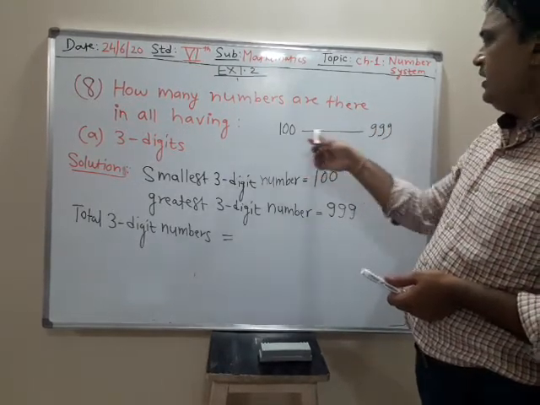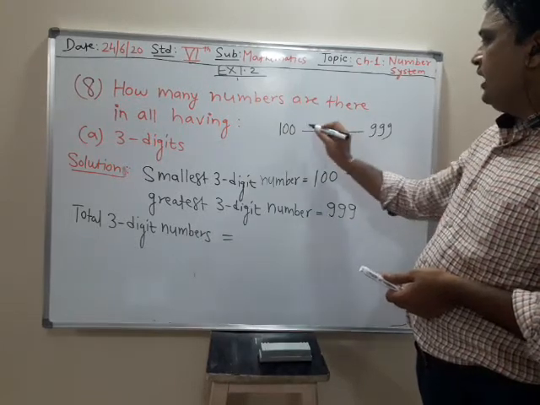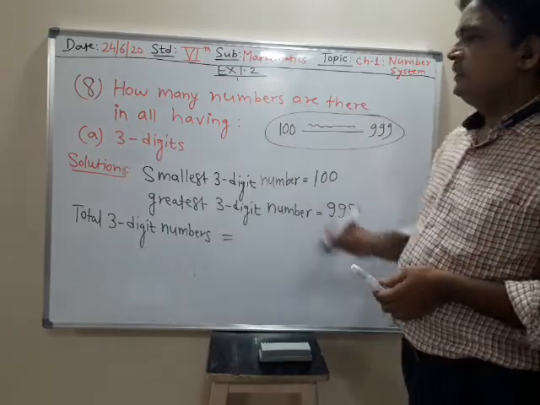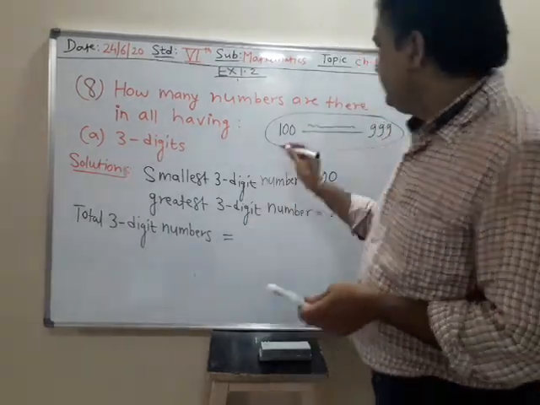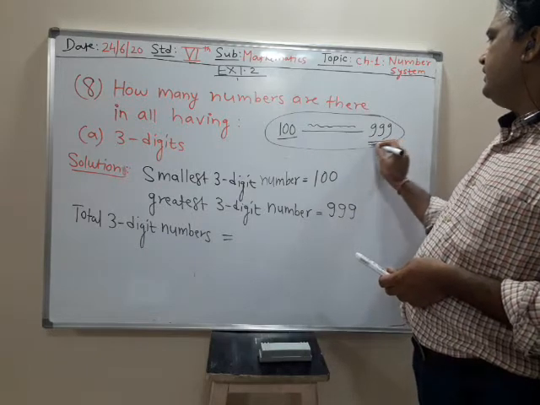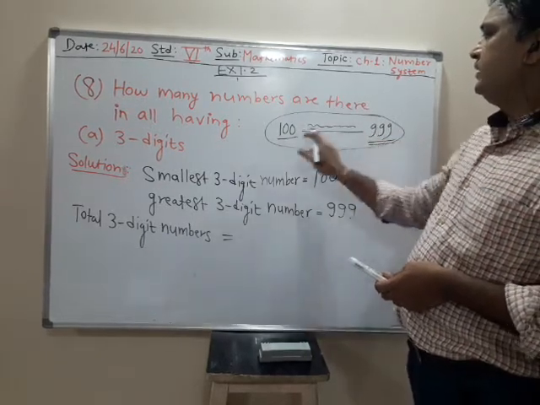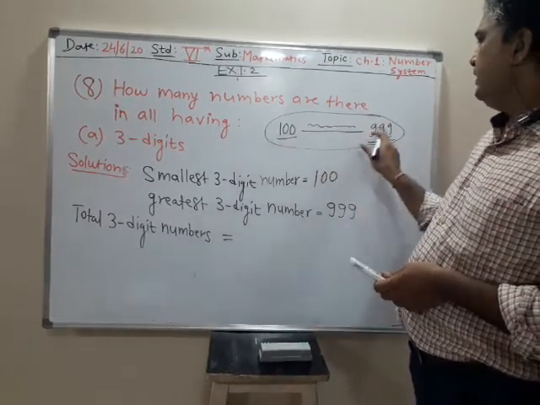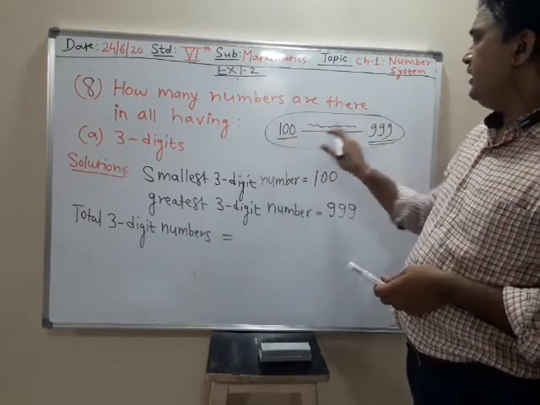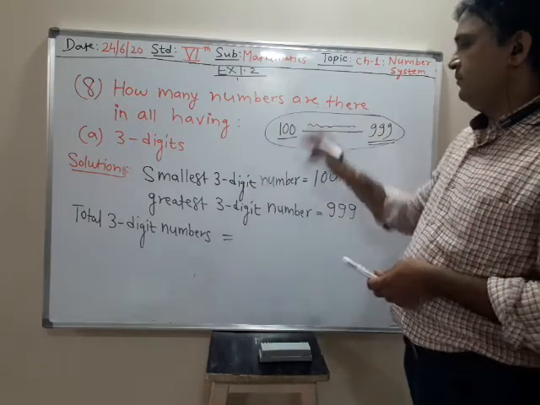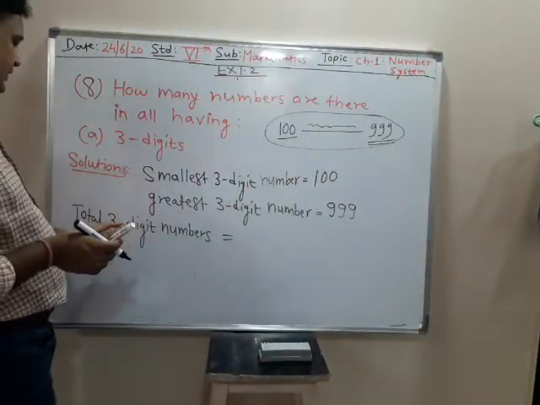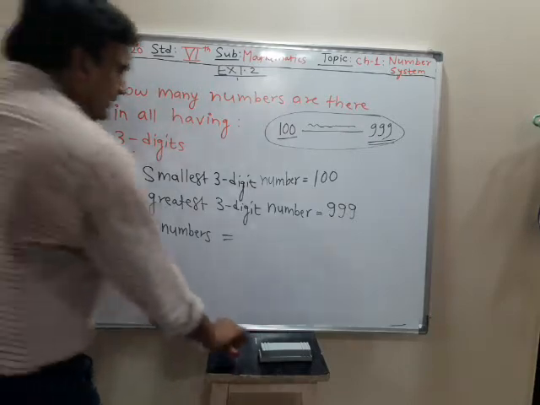All those numbers from 100 to 999, including 100, 999 and those between them, we have to find. So we find the smallest number, the greatest number, then the total 3-digit numbers.